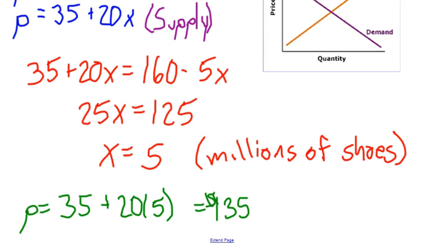So if we were going to graph this supply and demand curve, our ordered pair would be 5, 135. The 5 represents millions of pairs of shoes. The 135 represents the cost of the shoes.